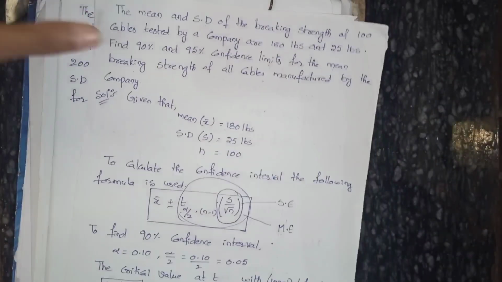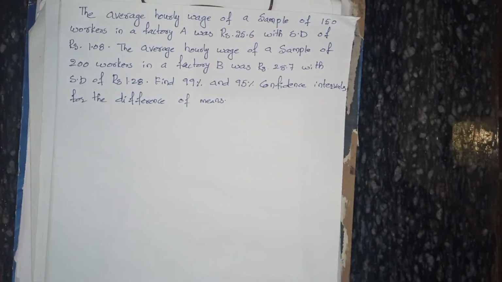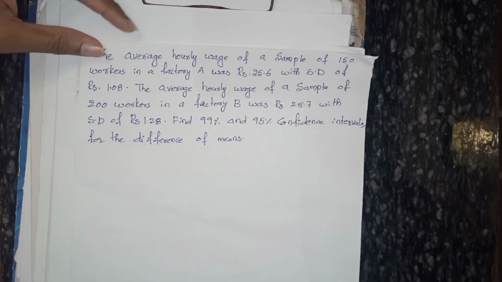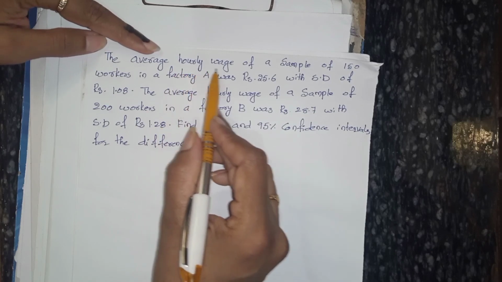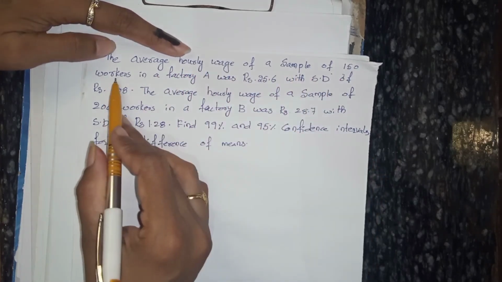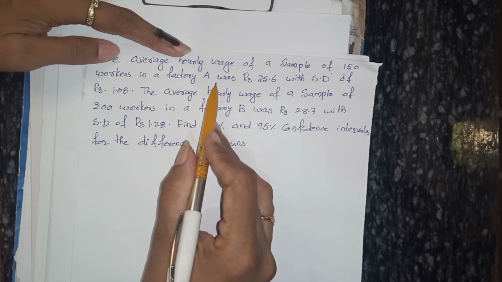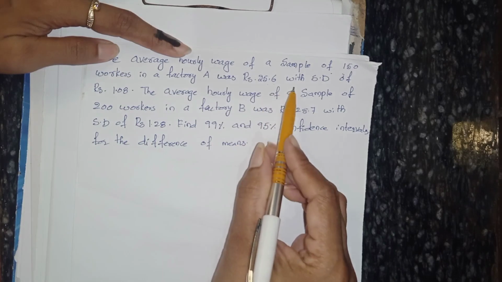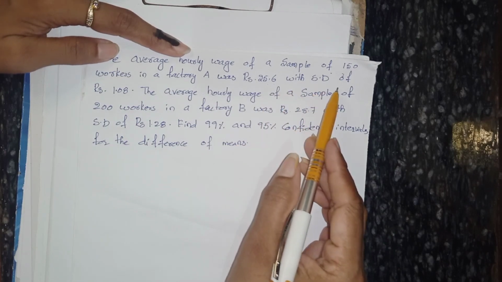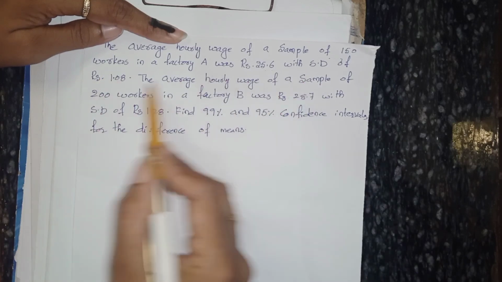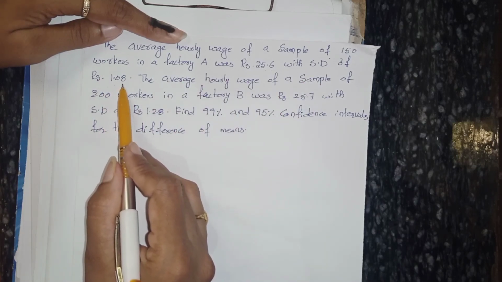In the next video we'll see the next problem. The average hourly wages of a sample of 150 workers in factory A was rupees 25.6 with a standard deviation of rupees 1.08.